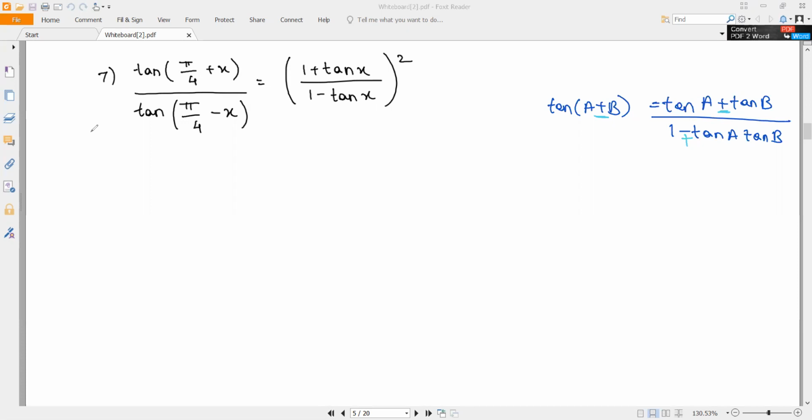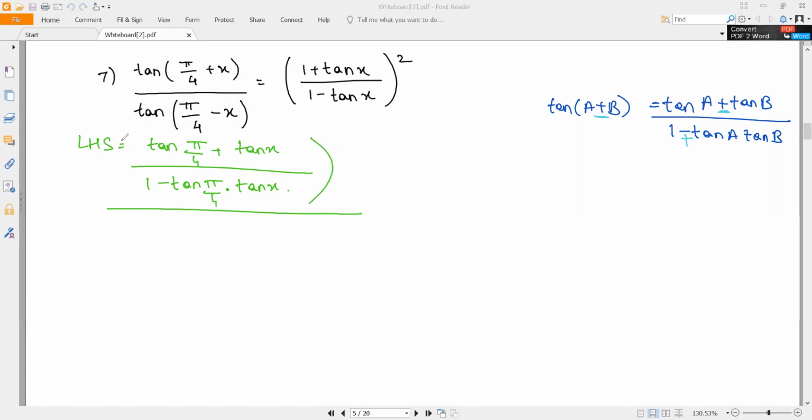So your LHS is equal to, you can apply these formulas in the numerator and denominator. Get tan pi by 4 plus tan x upon 1 minus tan pi by 4 into tan x. You know that tan pi by 4 is 1.